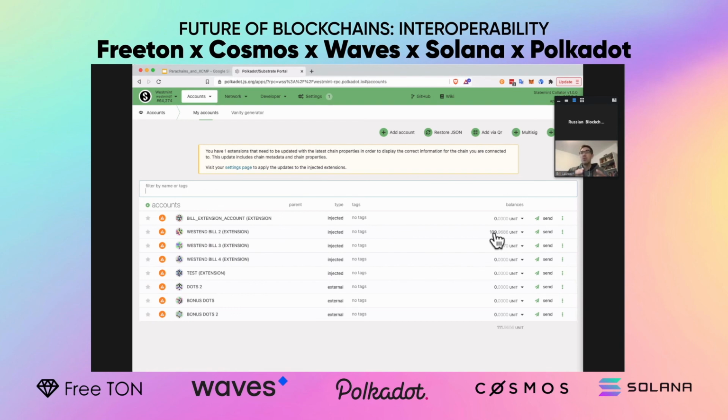So even though they are separate chains, because they all trust the relay chain, they all can trust that this actually happened. I did, in fact, reduce my account balance by 5 here, so it is safe to increase it by 5 on the parachain. So this, again, is a really high-level overview of parachains and XCMP.